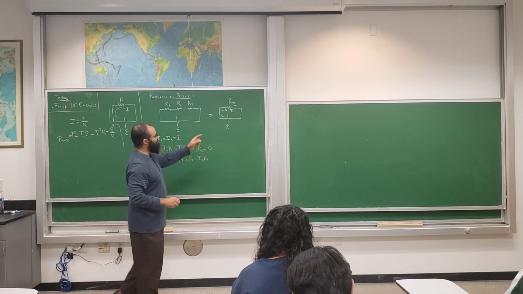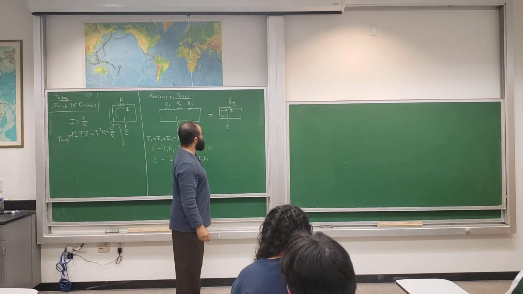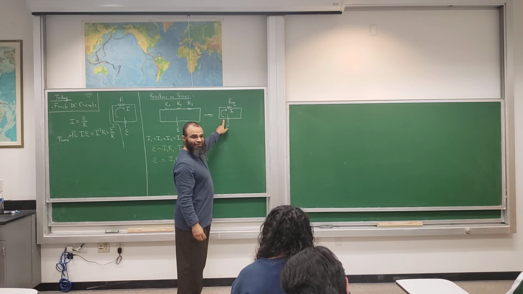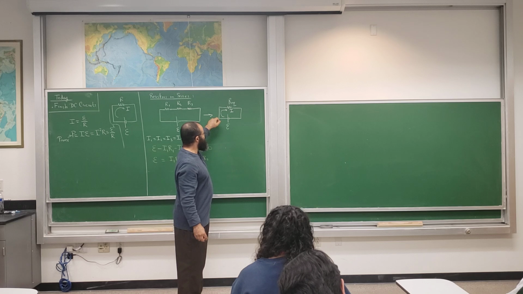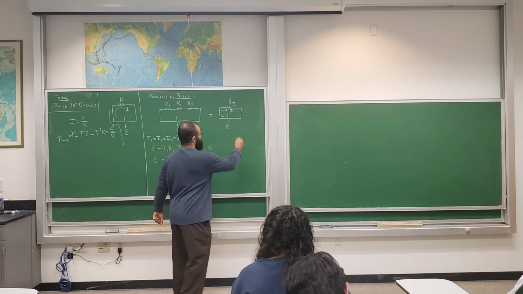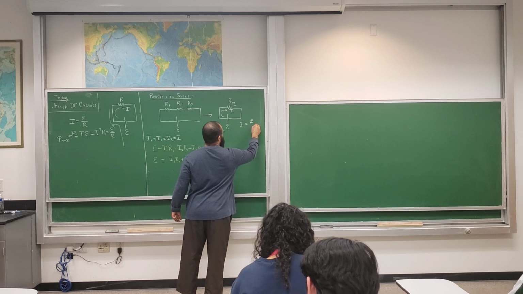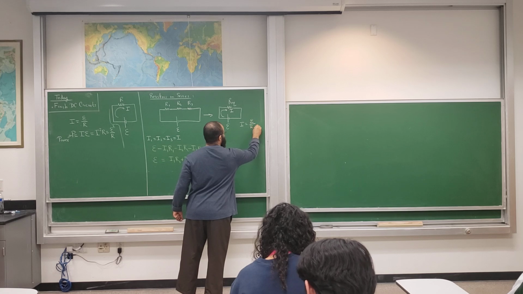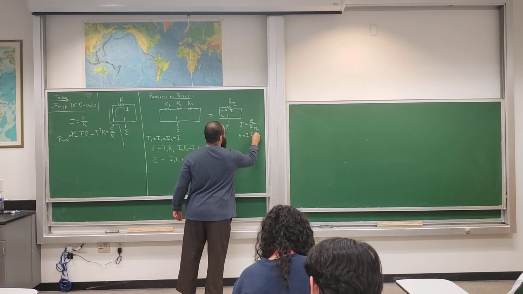Now look at this one here. What's the current in this one? E over R. E minus I R equivalent is equal to 0. So the current here, I, is E over R equivalent, right? So E is equal to I R equivalent, right?